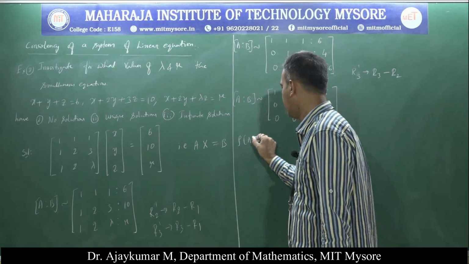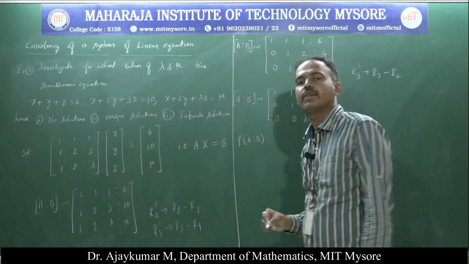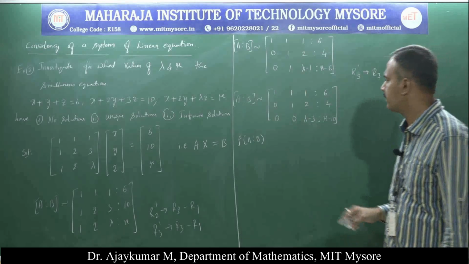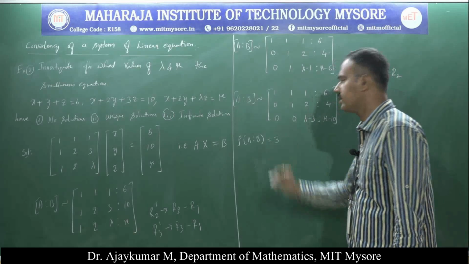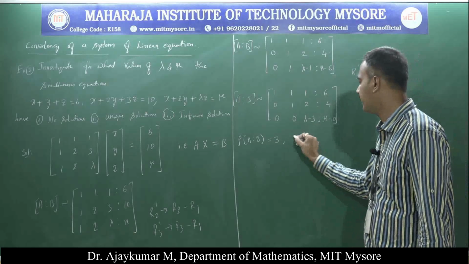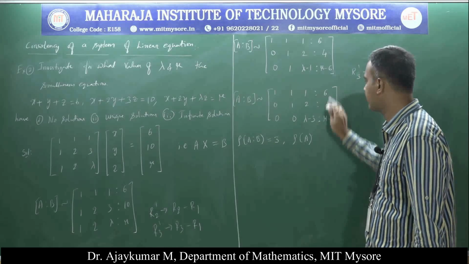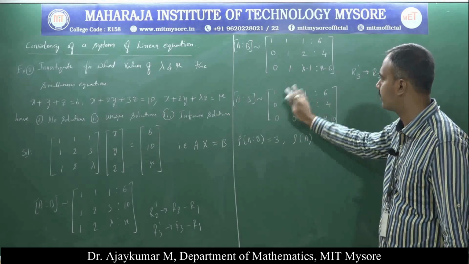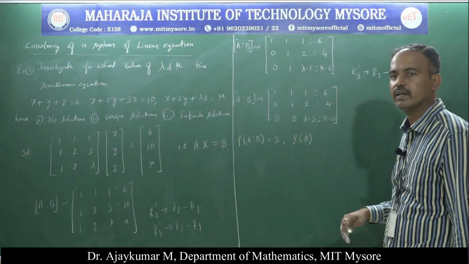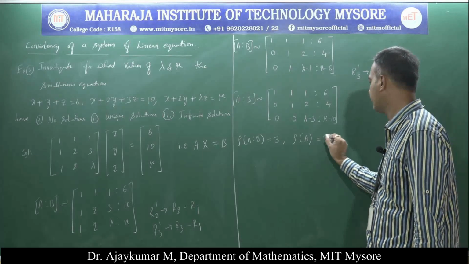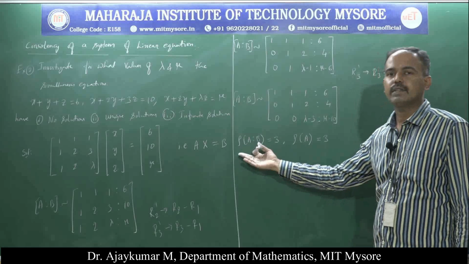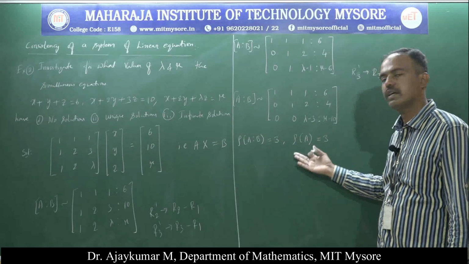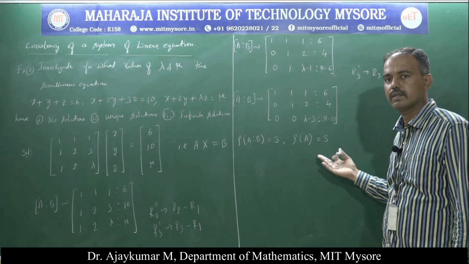The rank of the augmented matrix is 3, since 3 non-zero rows are available. For the coefficient matrix, also 3 non-zero rows are available, so its rank is 3. The rank of the augmented matrix is equal to the rank of A.